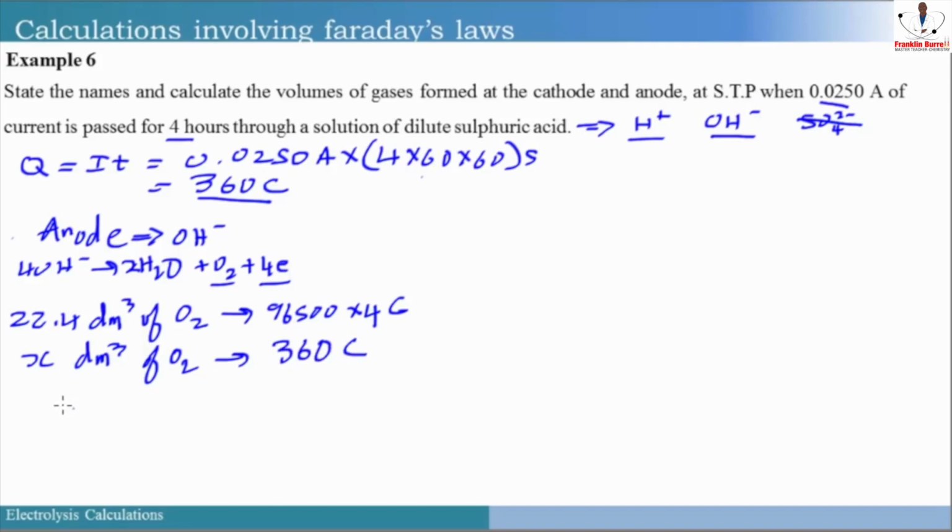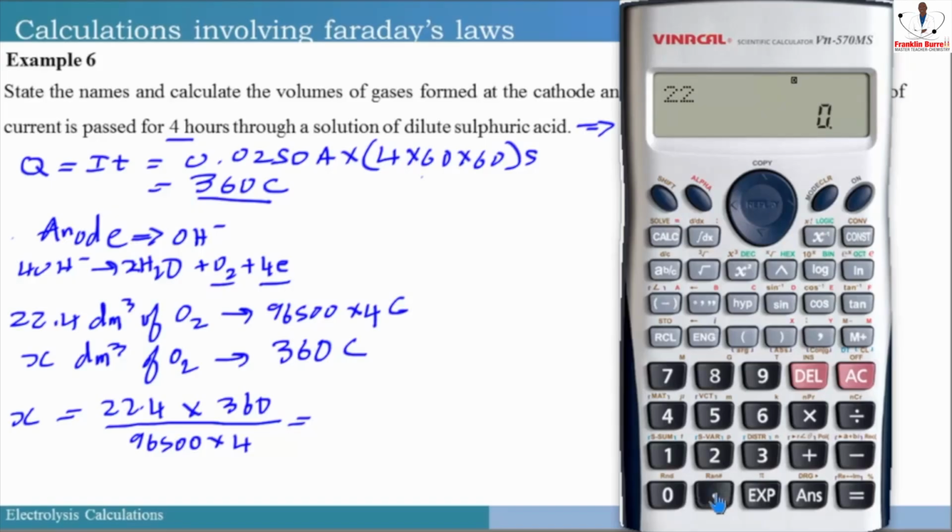So let's check. If we cross multiply, we will get X is equal to 22.4 times 360, divided by 96500 times 4. Therefore, 22.4 times 360 is equal to 8,064.